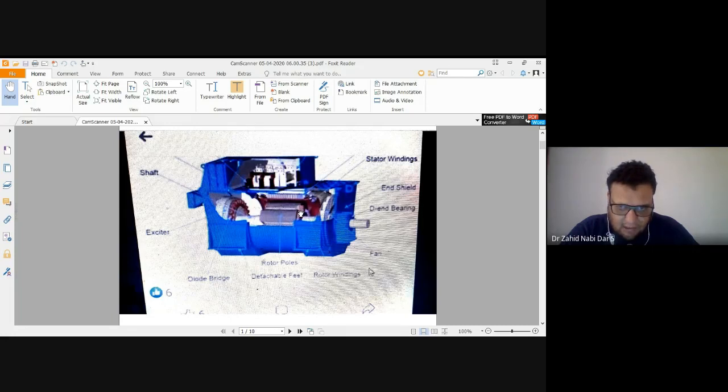And now it is also rotating with the help of the prime mover at a particular speed, so it in turn produces a magnetic field in the stator. So there is a magnetic field in the stator and a magnetic field in the rotor. The rotor's field is due to the brushless DC exciter supply and also the rotation of the rotor shaft.